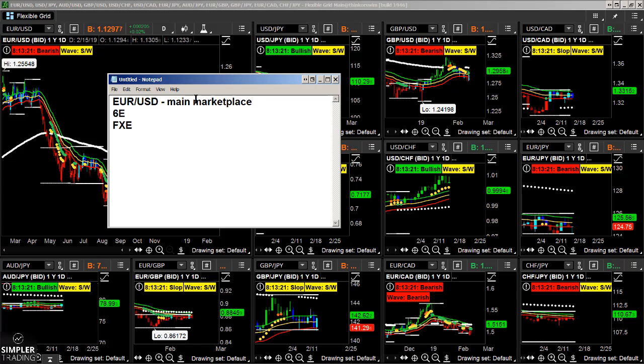So to do anything on the 6E or the FXE really is and should be dependent on what price levels the Euro US is at, because that price is the most important globally, not where the futures are trading and certainly not where the ETFs are trading. But you can use any one of these asset classes to trade the euro, including the options on the 6E and FXE, but you want to start with the Euro US. The Euro US is going to give you the best idea of what's happening with the US dollar.